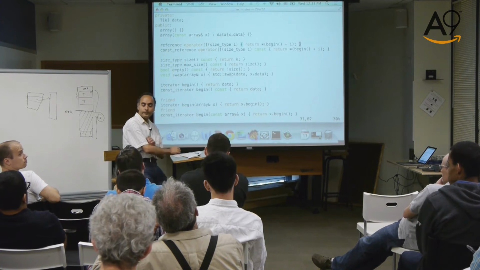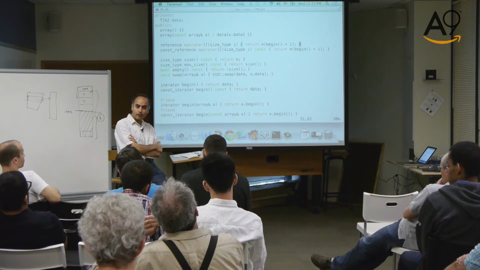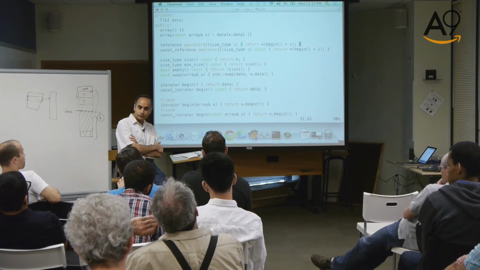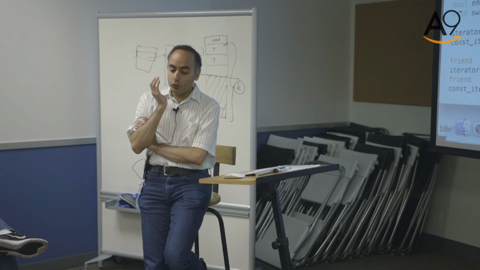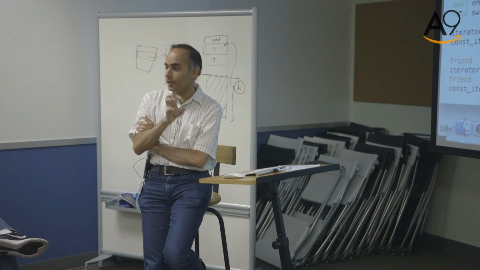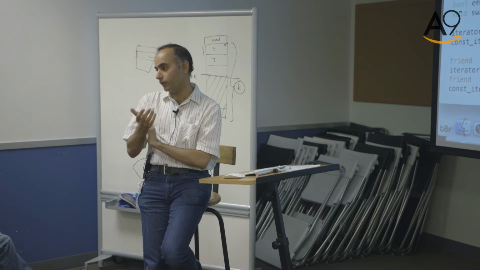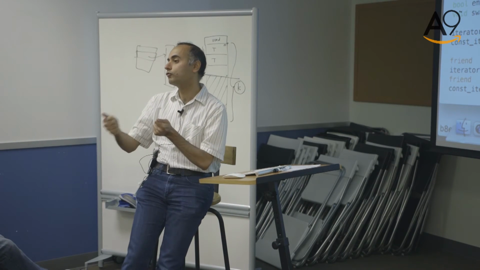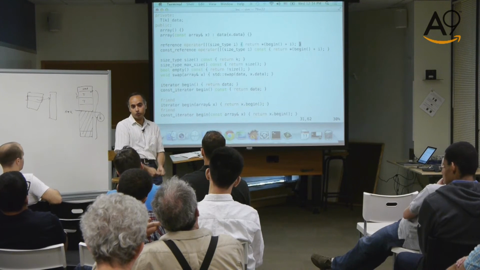A question: does overloaded operator plus for an iterator work only for a random access iterator, or for any? As far as requirements are concerned, only a random access iterator can do that. With any other type of iterator, you can only go forward, and back if it's a bidirectional iterator. You cannot do anything else.